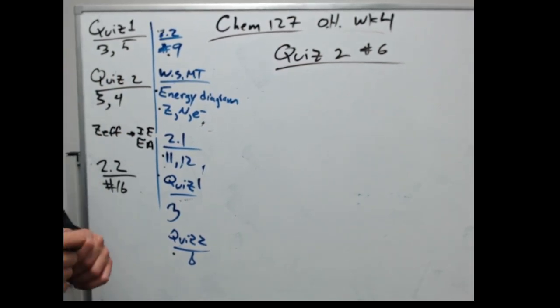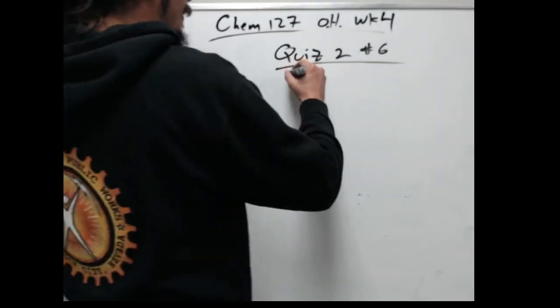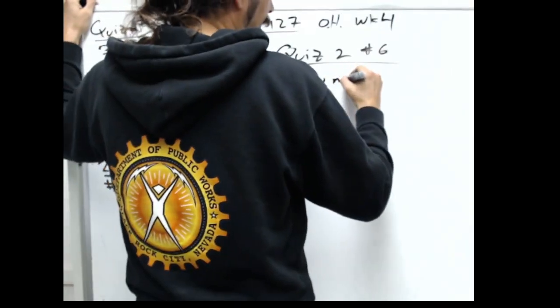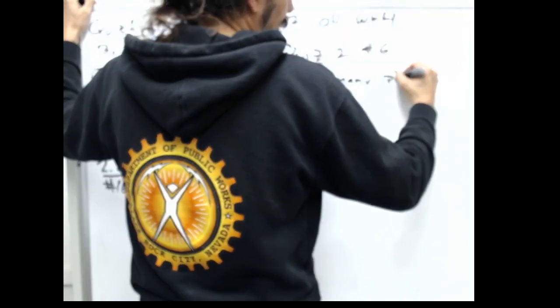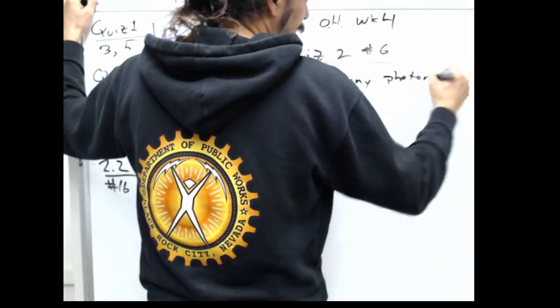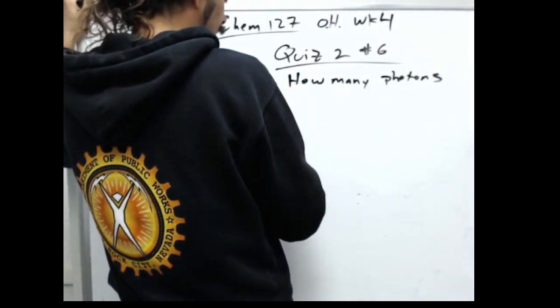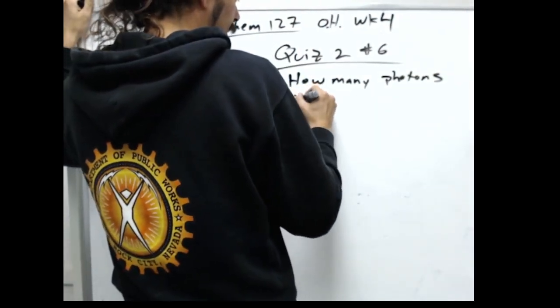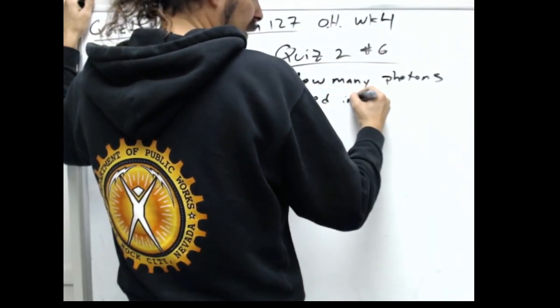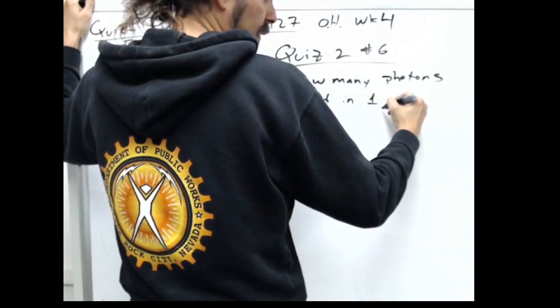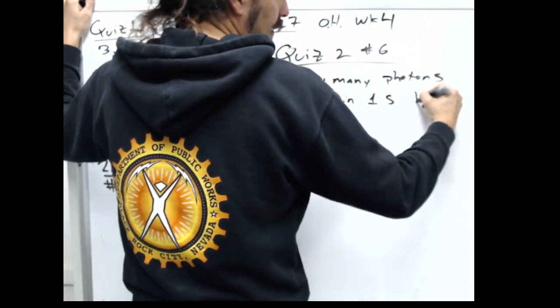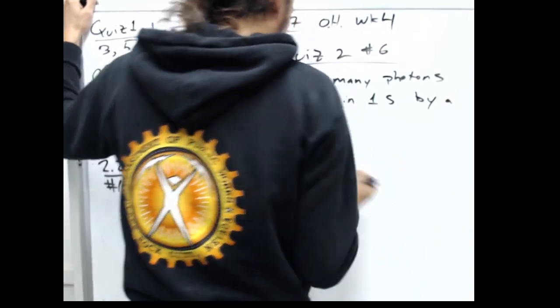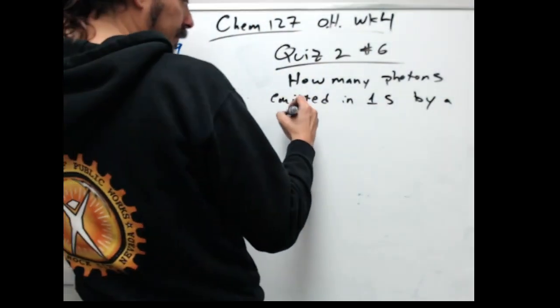Okay, go ahead. It was how many photons are emitted each second by a 10 milliwatt, 1.086 times 10 to the third nanometer light source. In 1 second? Each second, yeah.